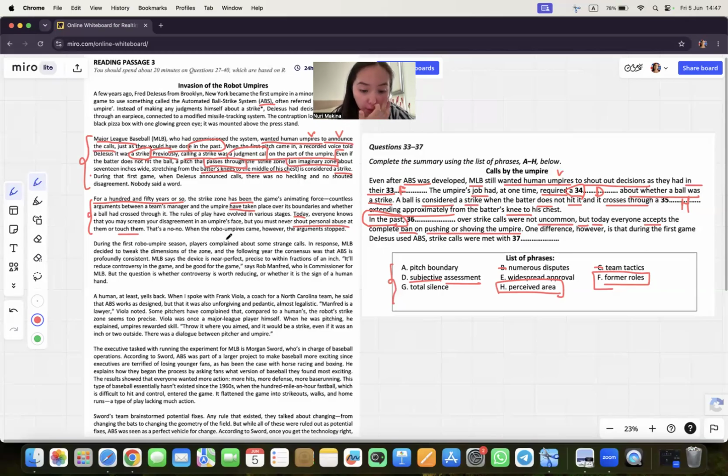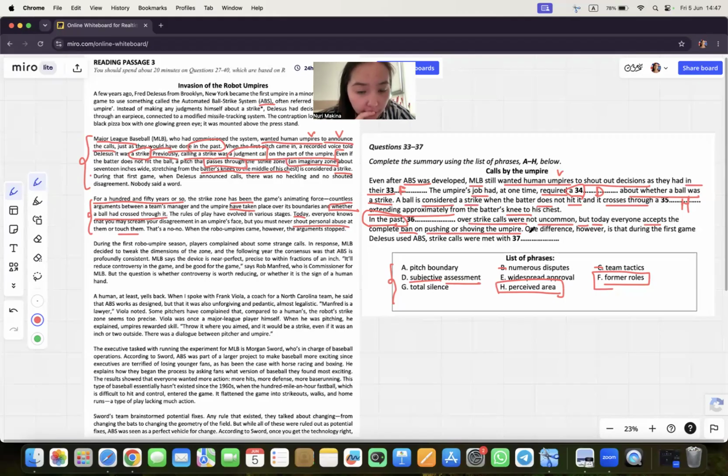So, what we're looking for is here, over strike calls were not uncommon. Whether a ball had crossed through it is the other way to say it. Let me erase this. So whether a ball had crossed through it is the other way to say overstrike calls were not uncommon.